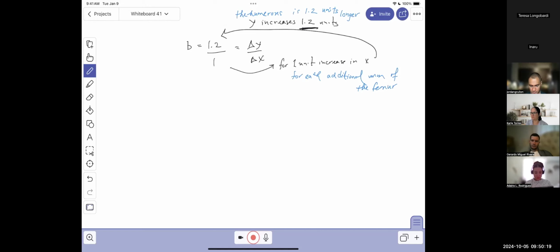And, you know, it's a slope. So if somebody asked you, what if the femur is 10 units longer? The humerus would be how much longer?